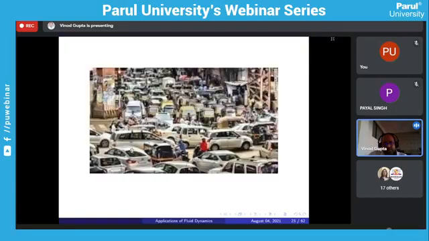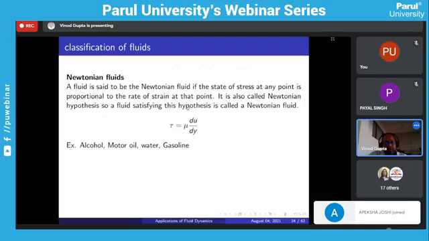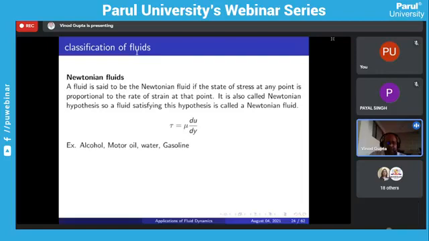And that's about the day-to-day life application of fluid dynamics. Now come to the topic. First of all, we will classify the fluid. There are two types of fluid. One is Newtonian and another is non-Newtonian fluid.